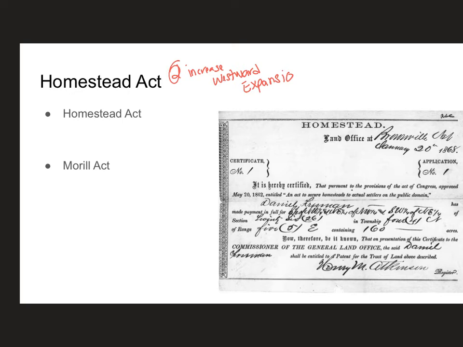This is a picture of the Homestead Act, an actual document. You can see this was written in 1868, but the Homestead Act was approved in 1862. It would give you 160 acres if you lived there for 5 years.